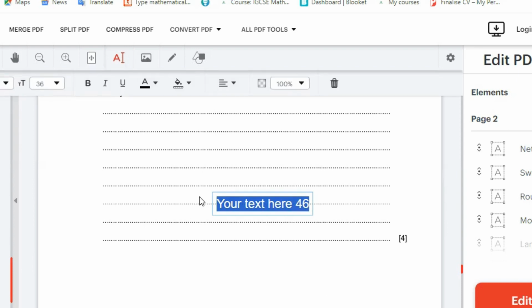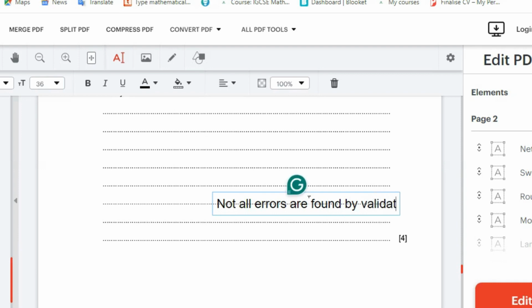One, not all errors are found by validation and verification separately.